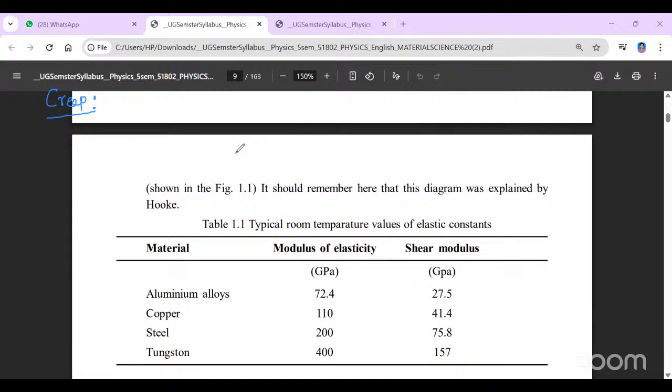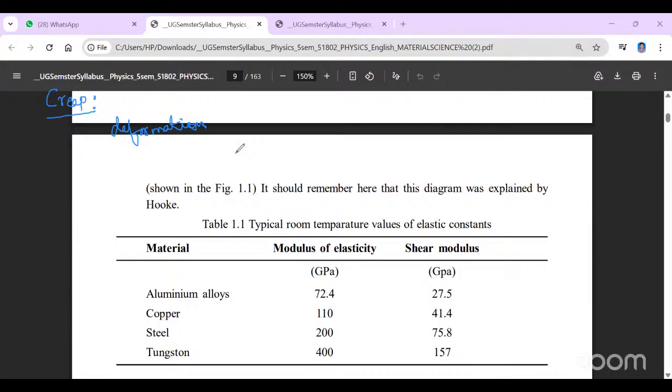Then this material or metal undergoes some deformation over a period of time. So with respect to time, if it is undergoing deformation, this kind of time-dependent strain is what we call creep.